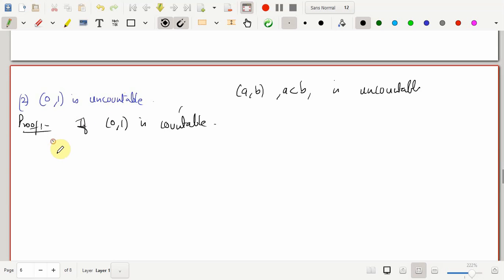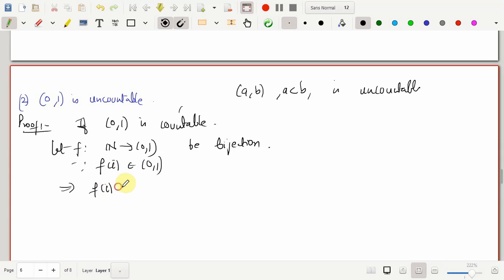Suppose you have a bijection from N to (0, 1), so that it will be better for us to write down the listed elements. Now each f of i will be in (0, 1), and this means that each f of i can be written in this form: 0.ai1 ai2 ai3, and this goes on.